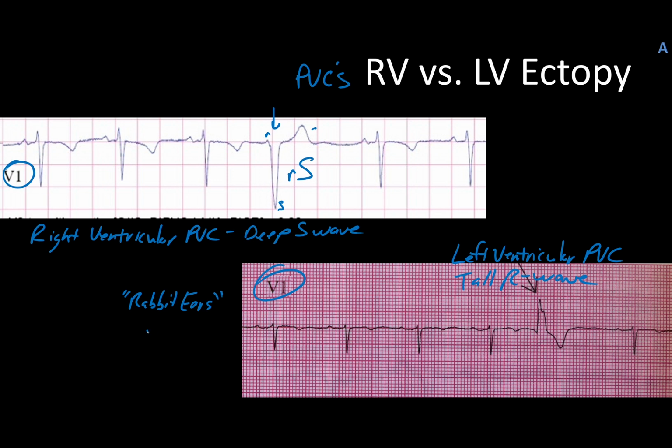That's where you have R and some kind of R prime to go with that. And that's your quick indications to tell right versus left ectopy. At the end of the day, it's not like a true bundle branch block. You'll still want to have a 12-lead EKG or something like that to help give you more information regarding it. But handy to know.